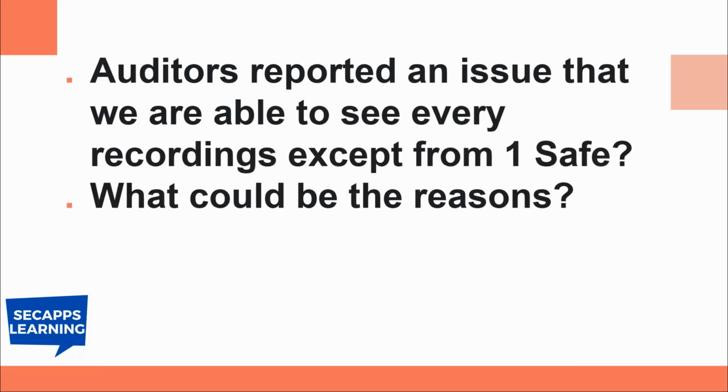Auditors reported an issue that they are able to see every recording except those from one safe. What could be the reason, guys? Why are they not able to see recordings from a particular safe?